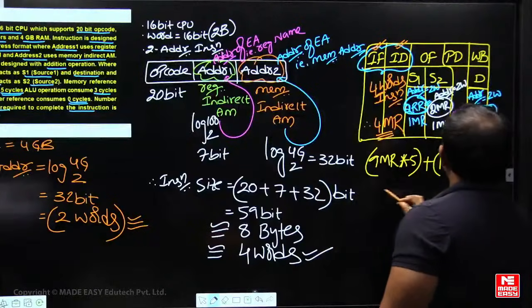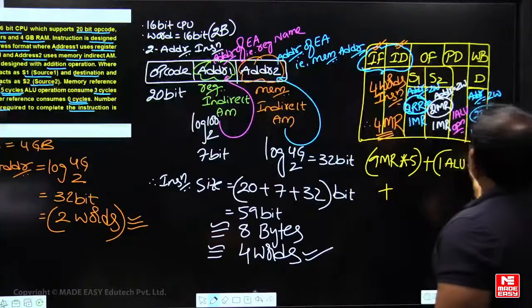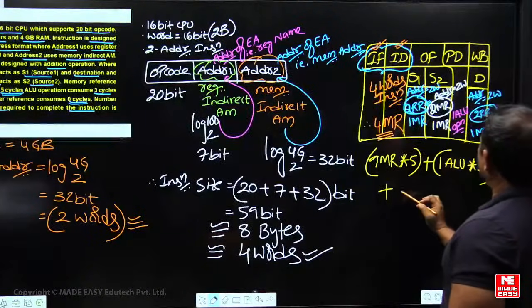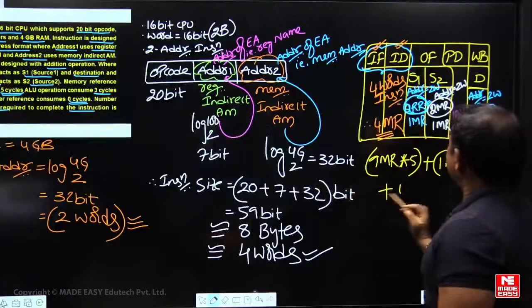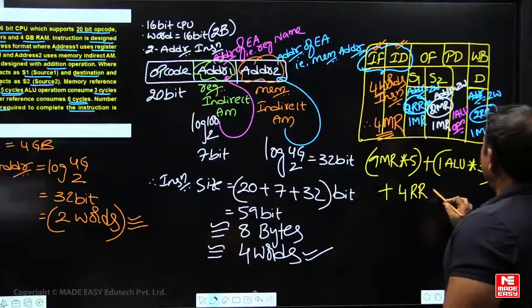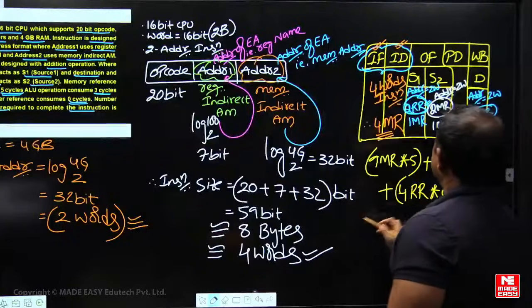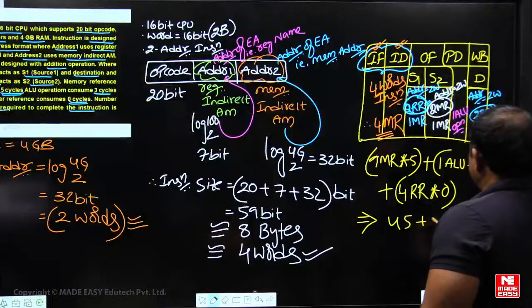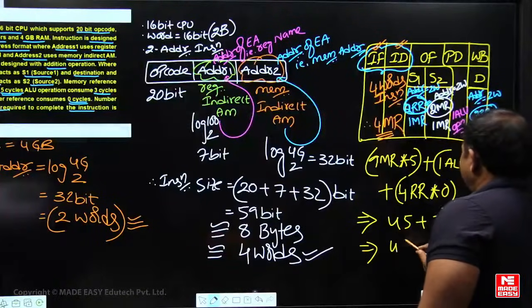Then RR: how many register references? 2, 2, 4 register references into 0 cycle. Okay, so 45 plus 3 is 48 cycles.